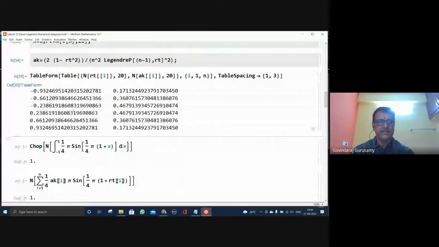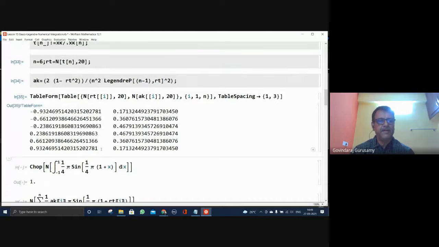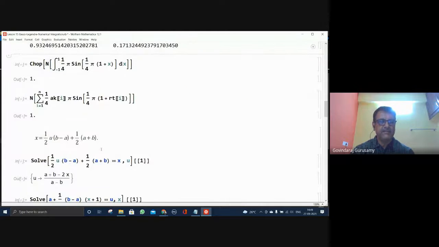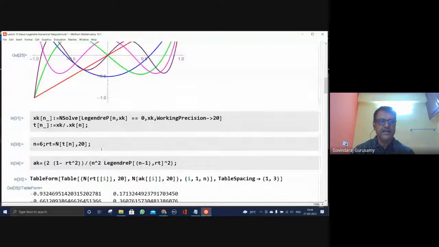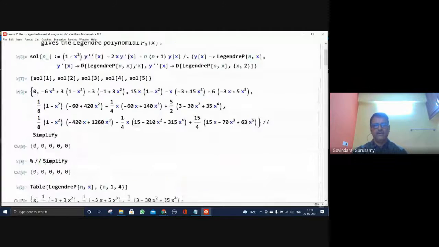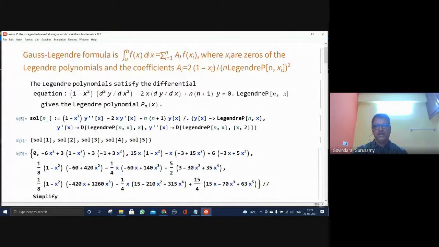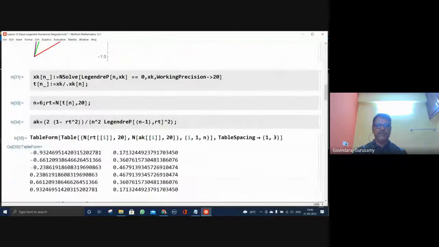That is the number. And this will go into your computation for finding the numerical integration of the given function. So we need to have the AI and the XI. That should be generated before you start the computation.